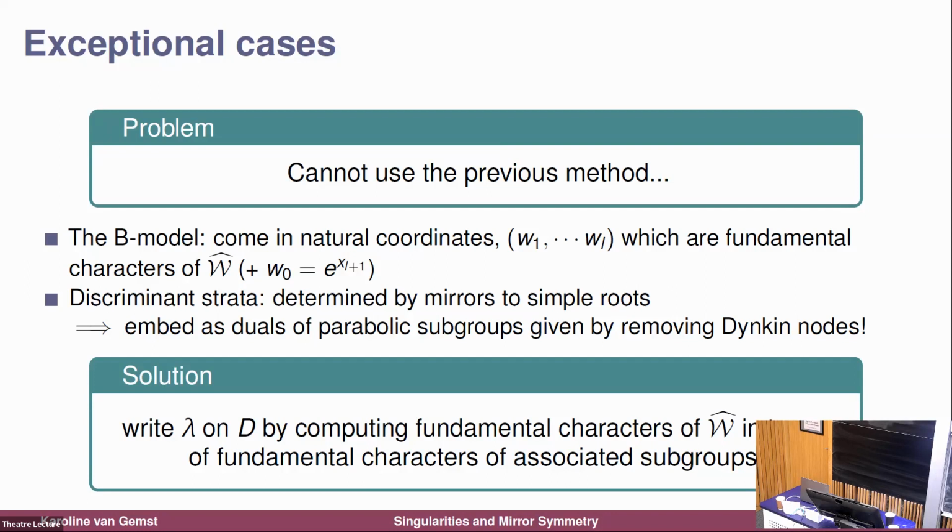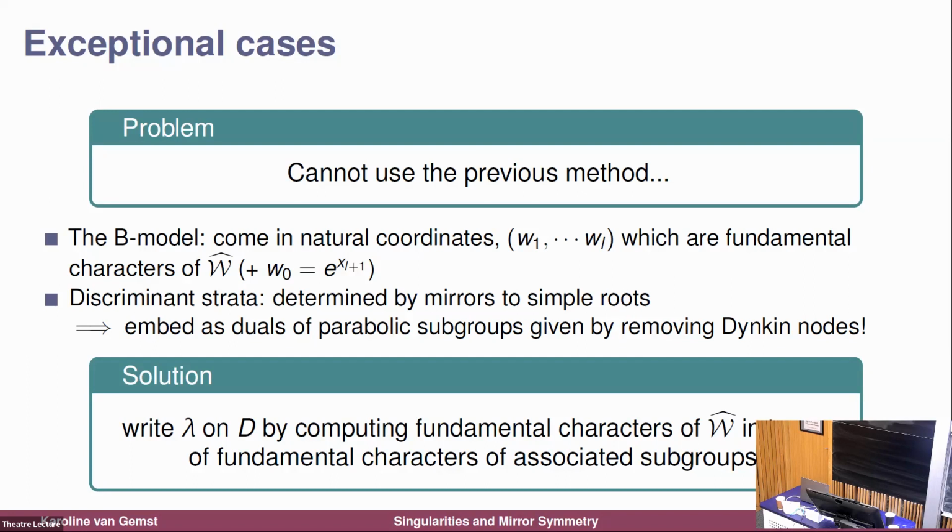But we have a way out. And the way out is to think of the discriminant strata as exactly how they are mirrors to simple roots. And in that sense, you can characterize them by simply thinking of parabolic subgroups. So pretty much just removing the number of Dynkin nodes according to the codimension of the strata that you want.